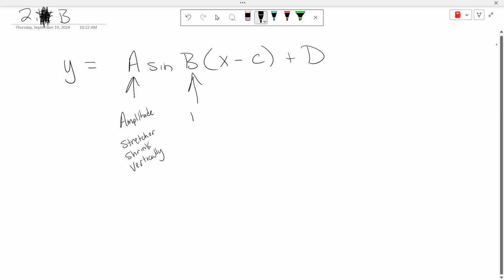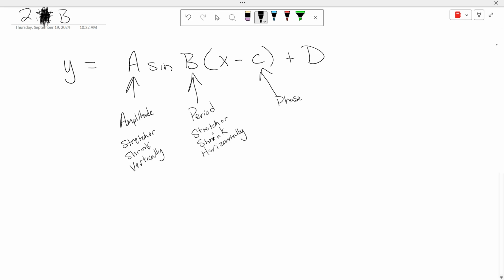B is called the period. That's the stretch or the shrink horizontally. C is called the phase shift.